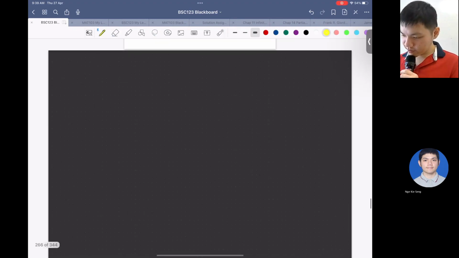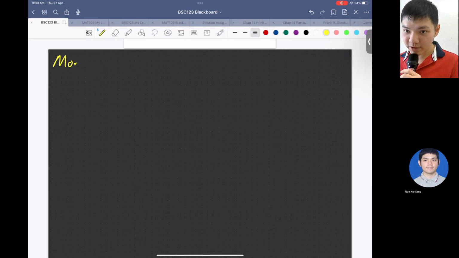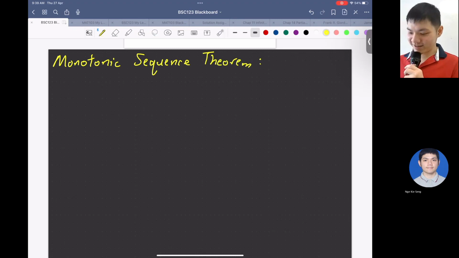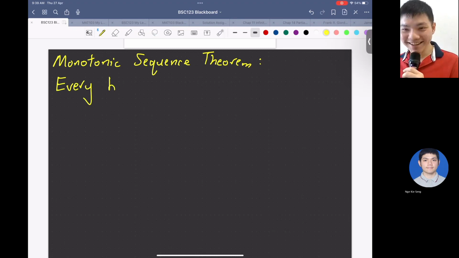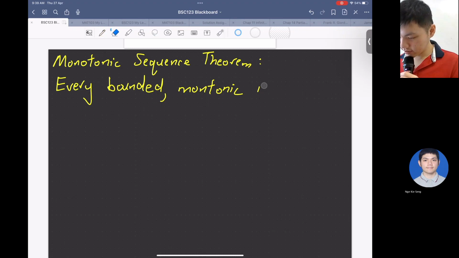Okay, so let's remind ourselves of the statement of the monotonic sequence theorem again. Every bounded monotonic sequence is convergent. Okay, last time we talked about this.